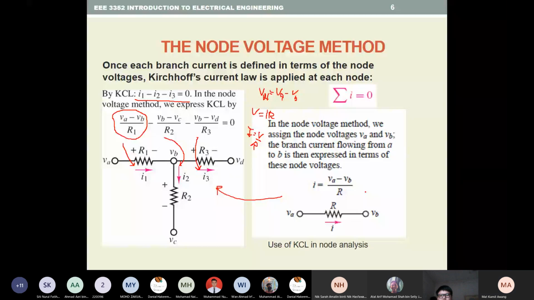So simple, but you need to understand how to set up the equation for each node. Okay? Any questions so far? No questions, sir.